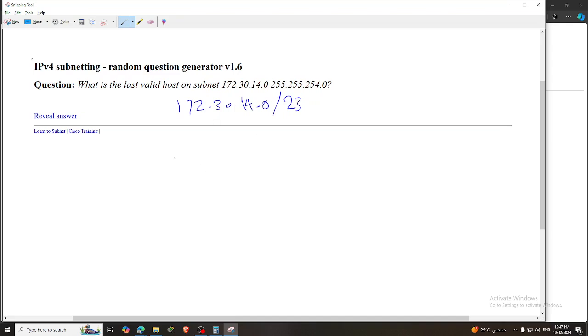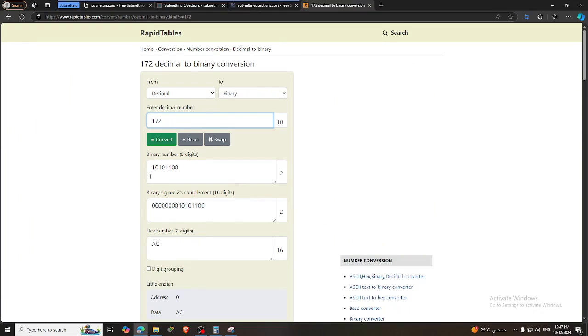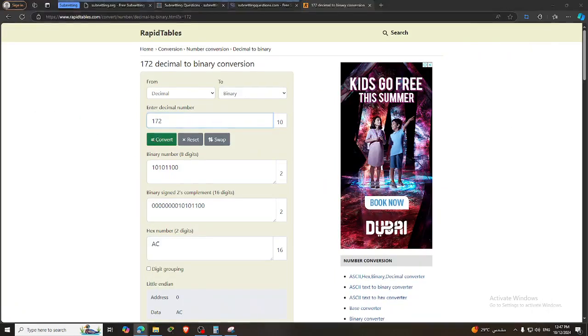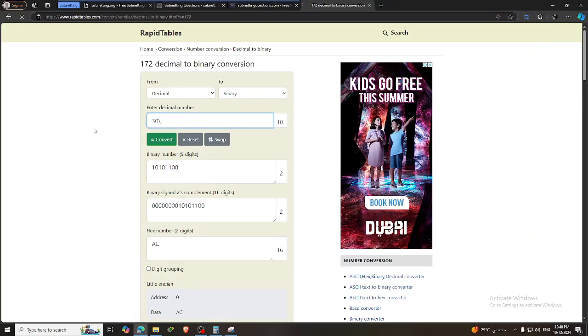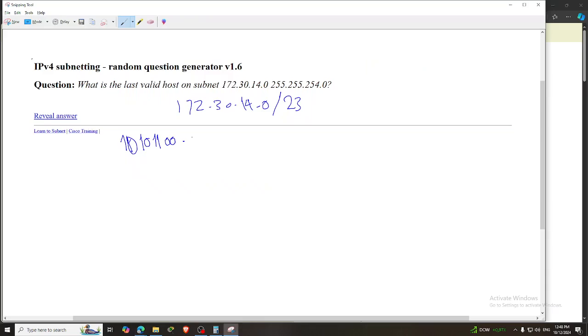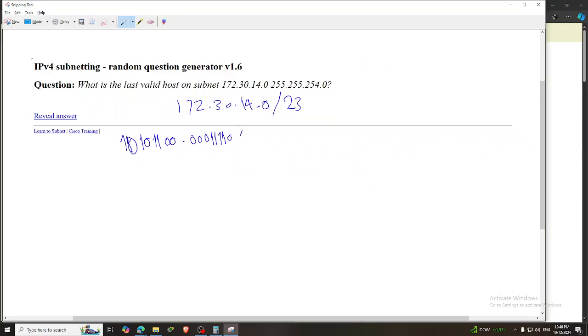Alright, let's write this address in binary. 172 is 10101100. 30 is... no, no. 30 is 00011110. 14 is 1110.